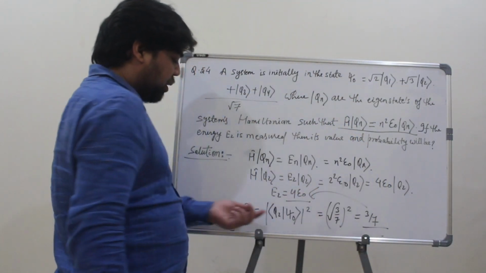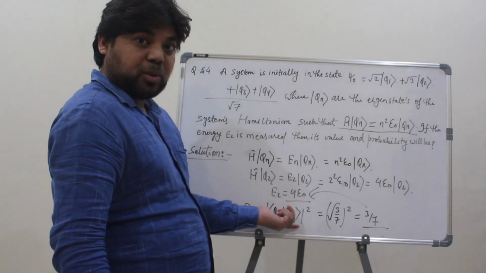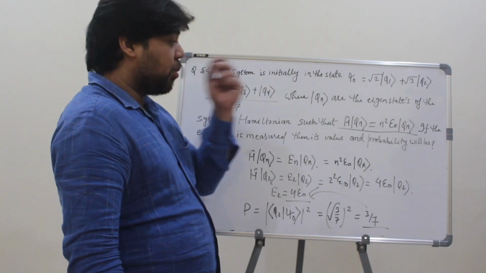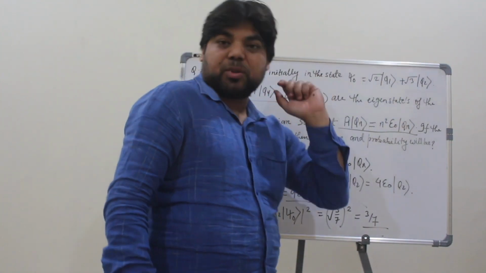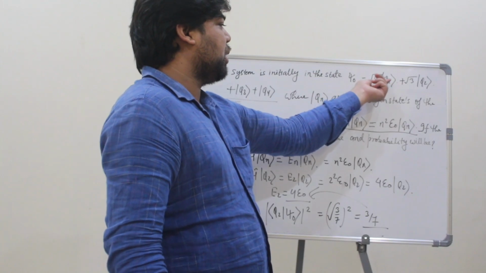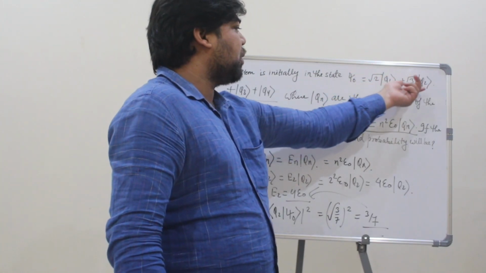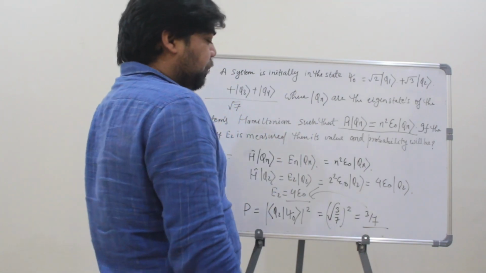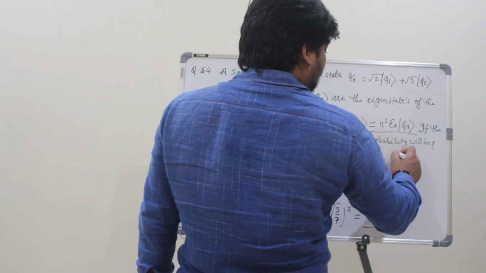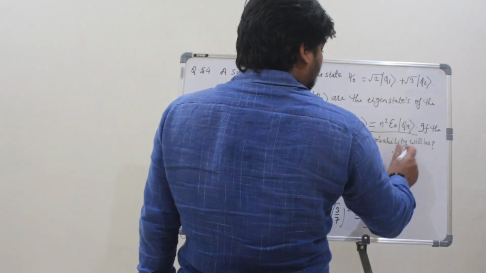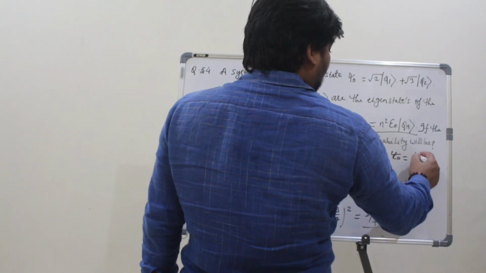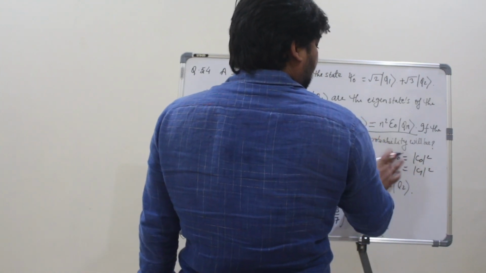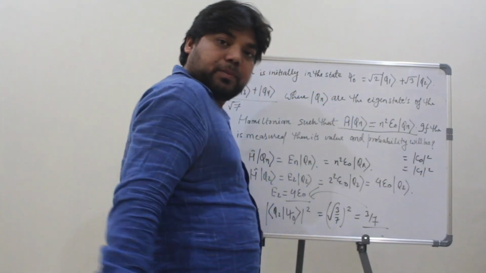This is a very well-known formula for calculating probability. A wave function psi can be written as a linear combination of an orthonormal set of wave functions. Then the probability of finding it in each state function is nothing but the amplitude square of Cn. Like in psi 0 state, the probability will be mod C0 whole square, similarly mod C1 square in other states.